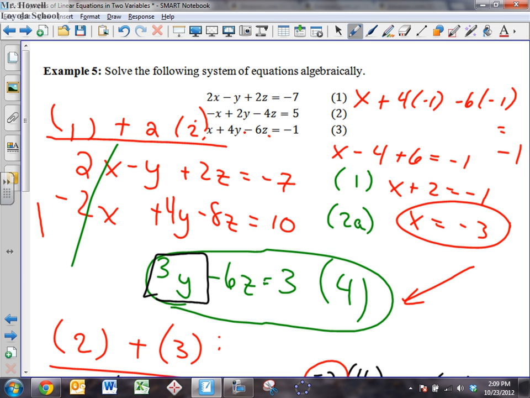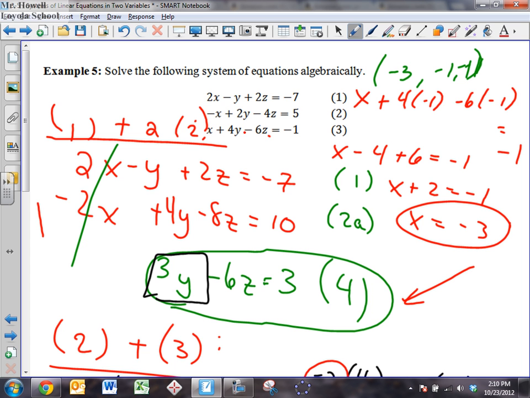How do I write this answer in the final step? How do I write it in one answer? Yeah, in a triple pair, right? So what would that triple pair look like? Negative 1, negative 1. They're both negatives. It's negative 3, comma, negative 1, comma, negative 1. X, Y, Z. Z goes last, traditionally.